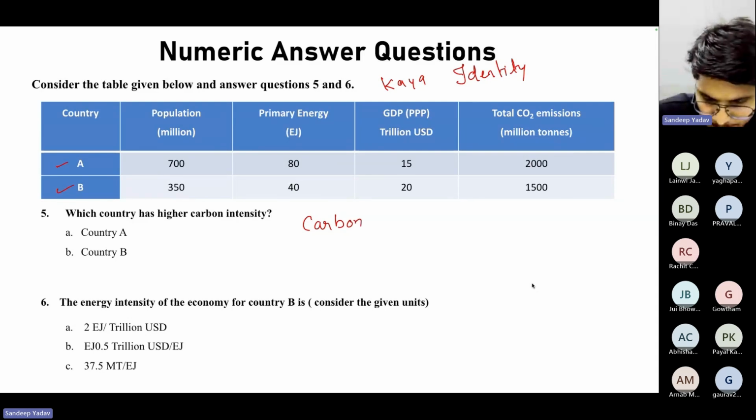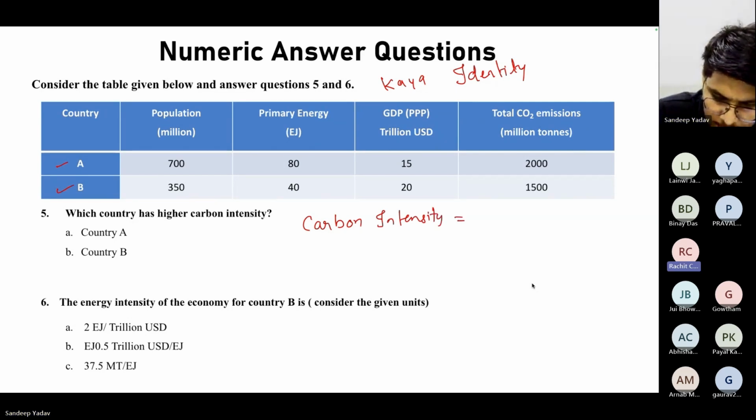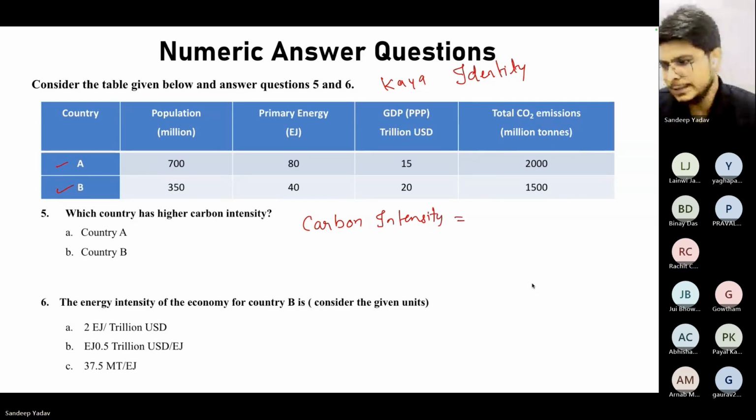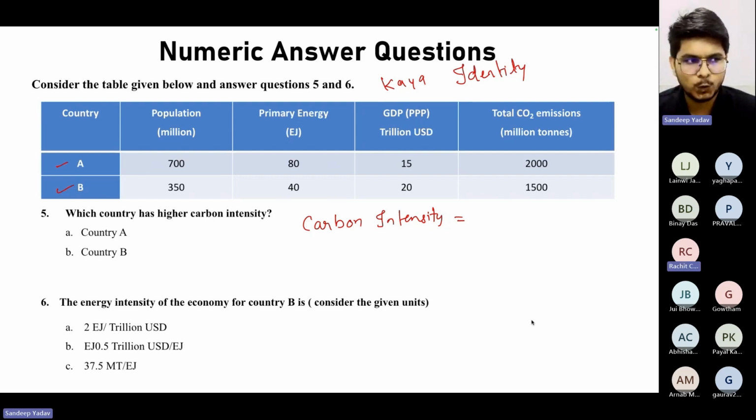Correct. So let me just solve it for you. What is the meaning of PPP in GDP? PPP is purchasing power parity. The purchasing power parity of different countries is different. Suppose you have 1 lakh rupees in India and 1 lakh rupees in the US, you can't buy the same things.